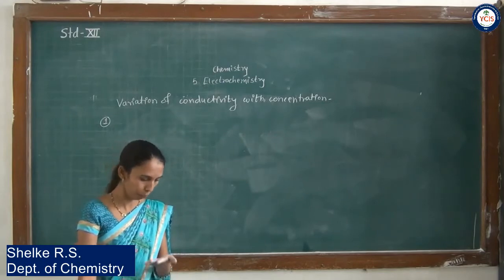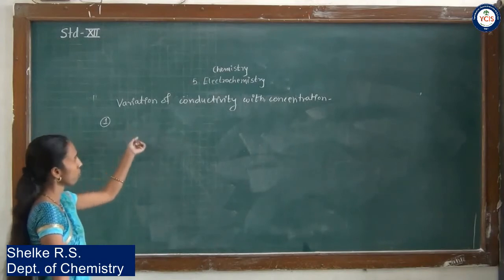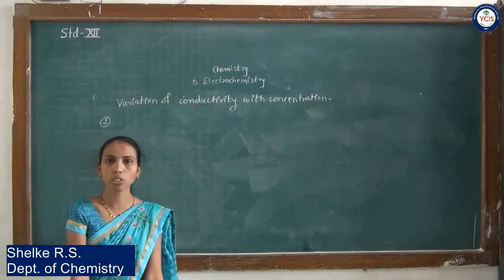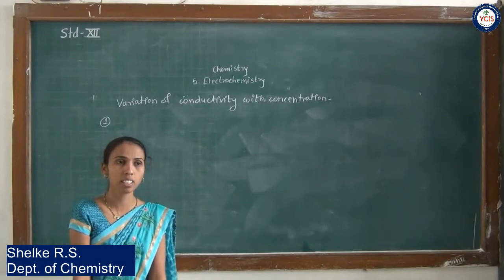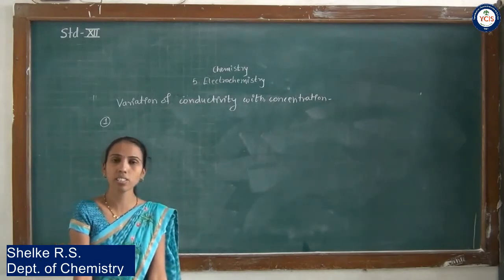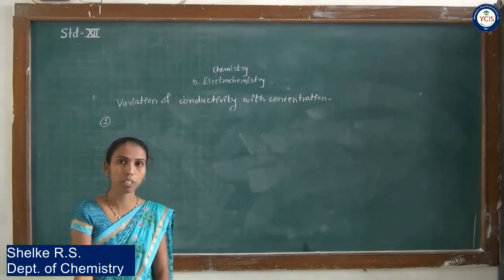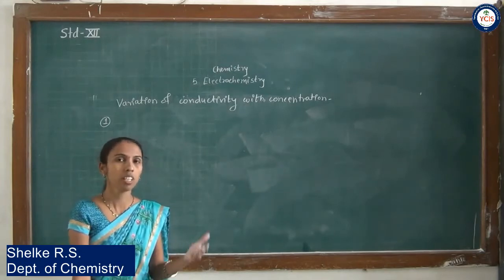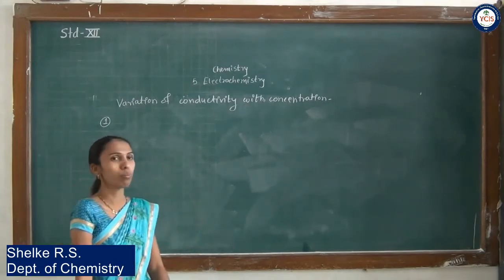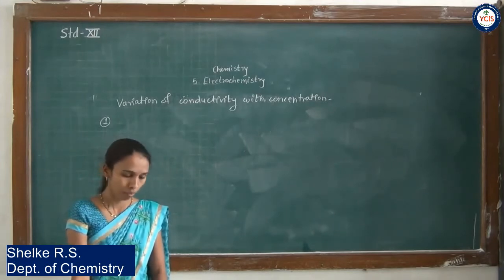And so how does the conductivity of a solution vary with concentration? The conductivity of a solution decreases with dilution. Means as you are decreasing the concentration, when you are increasing the dilution, the conductivity of the solution decreases. Now why this conductivity decreases, that we have to study.